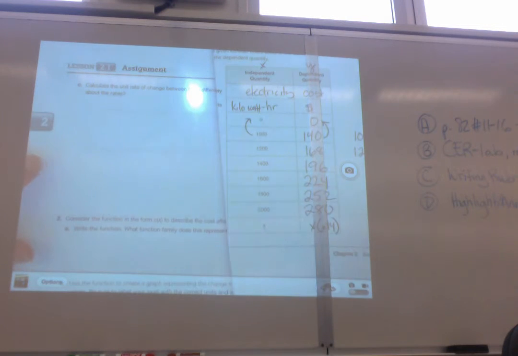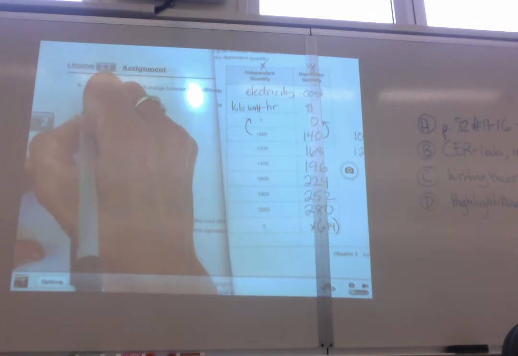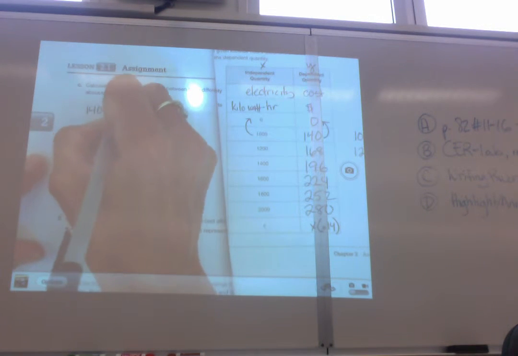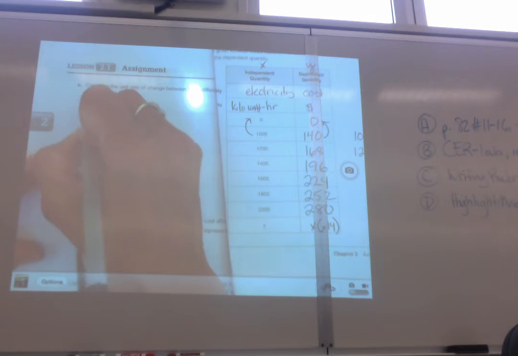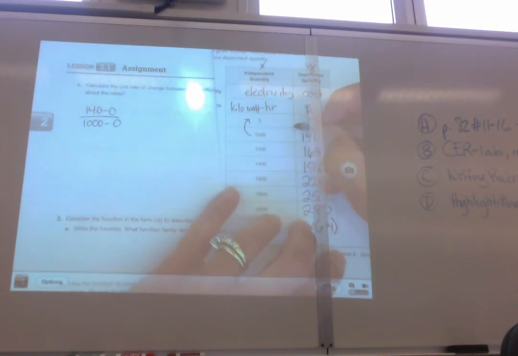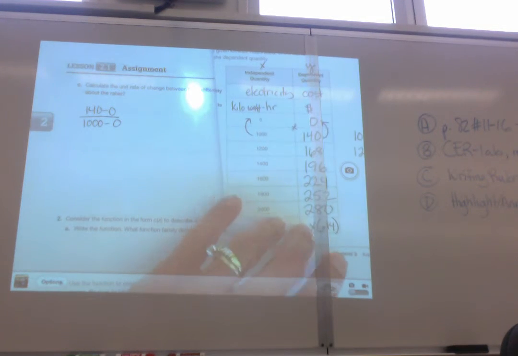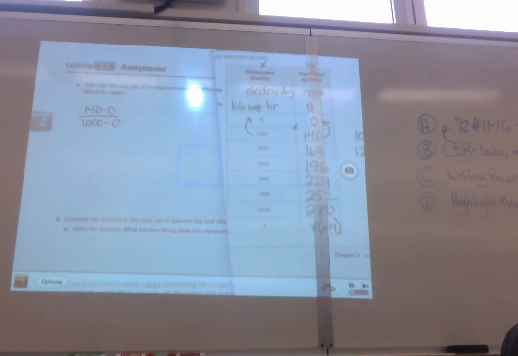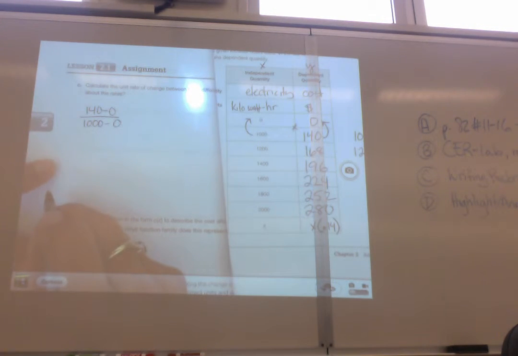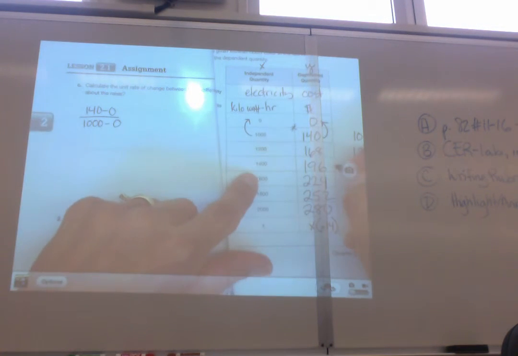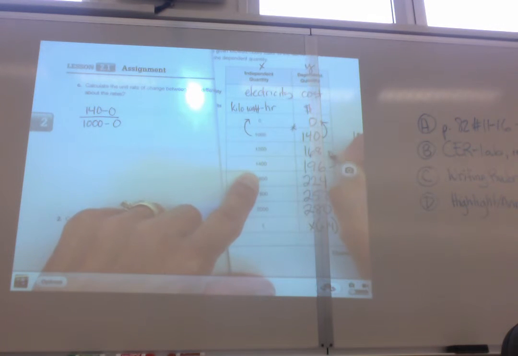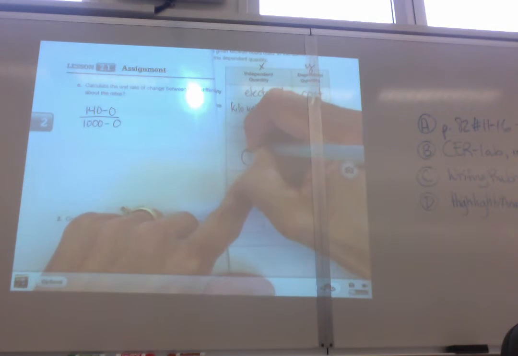So for example here, I can go 140 minus 0 over 1,000 minus 0. Again, they want us to compare the difference between 2 spots on that table. Actually 3, don't they want 3? Okay, so maybe I'll come down here and do this one compared to that and this one compared to that.